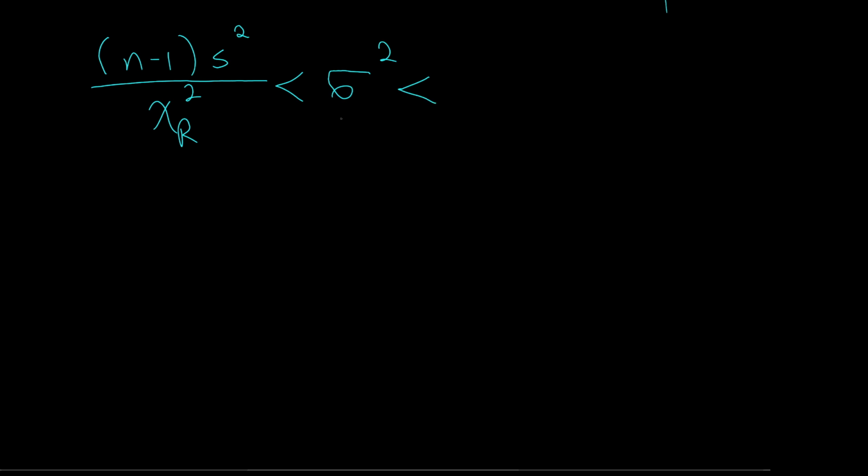And so what we want is a confidence interval for the variance. The confidence interval for the variance has n minus 1 times my sample variance over the right chi-squared value, and that's going to be less than or equal to my population variance, or less than.